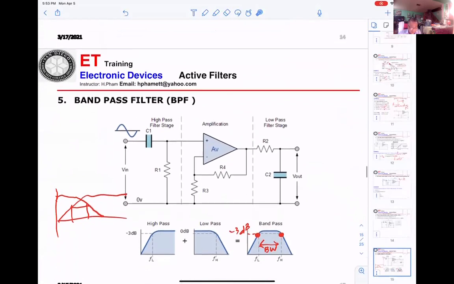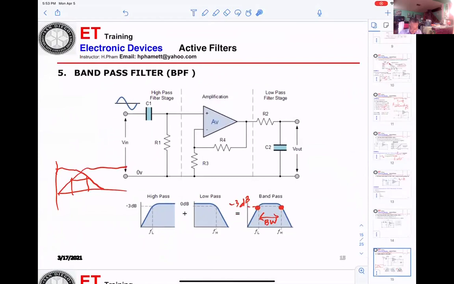And the bandpass filter. Basically, a bandpass filter combines a high pass and a low pass. Adding a high pass to a low pass makes a bandpass filter. If you look in here, they show right here: first this is a high pass, and this is a low pass, so that makes a bandpass filter.